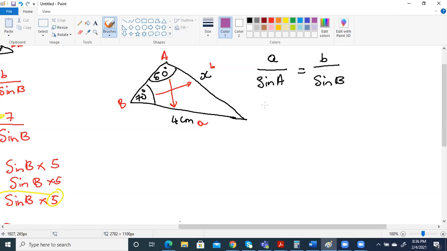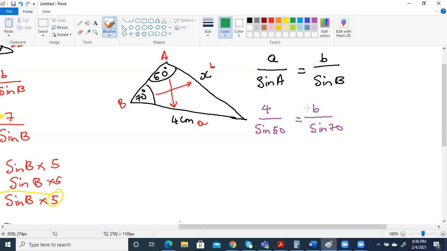Small a, which is 4 centimeters, over the sine of the angle, which is 50, is equal to small b, which is what we don't know and are trying to find, over the sine of angle B, which is 70.